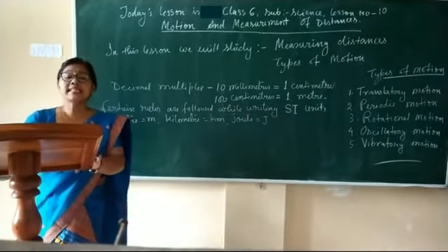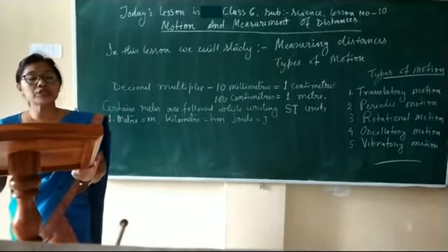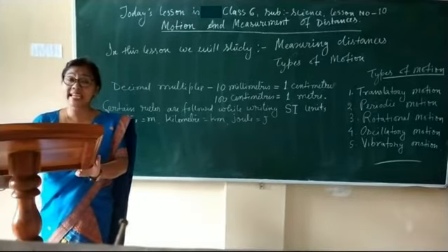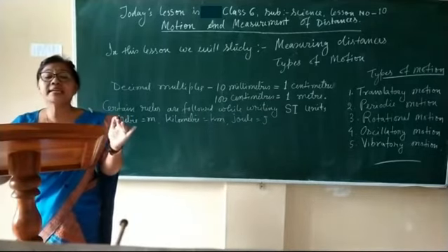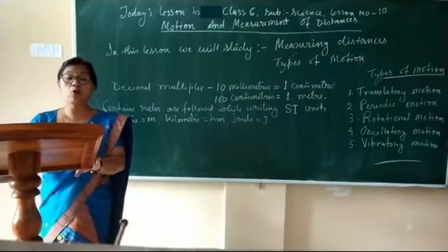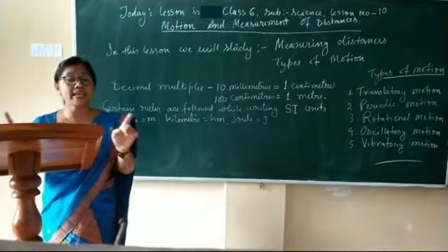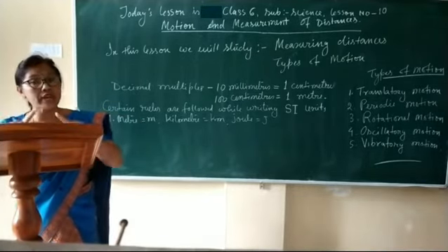Millimeter and centimeter are used to measure smaller lengths. Meter is used to measure bigger lengths, like a length of cloth, the size of a playground, or the size of a room.